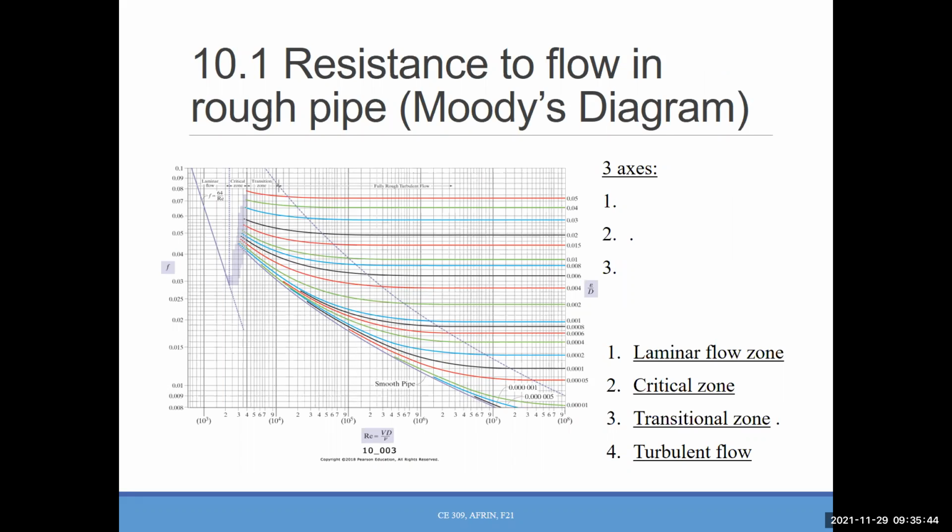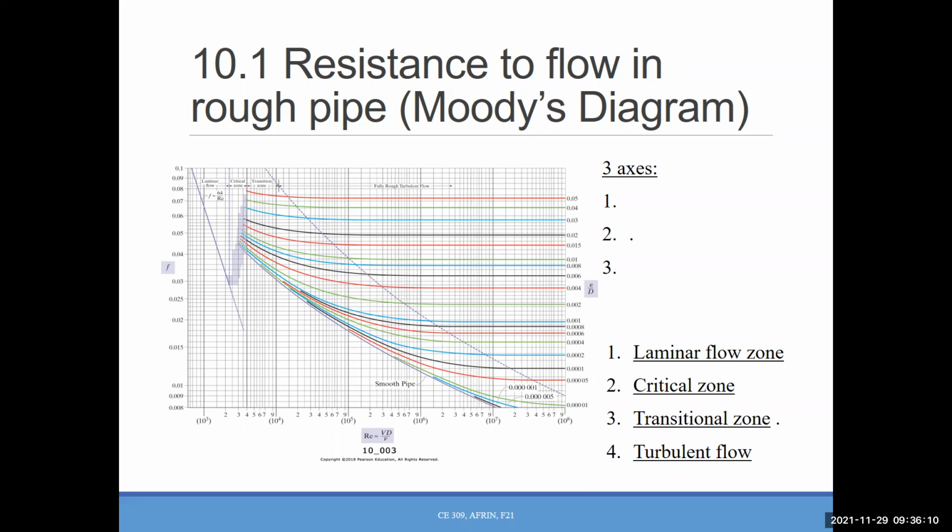There is a diagram called Moody's diagram. This diagram will help you get the friction factor, okay? And it's important to understand this diagram, because we will use it for the rest of the semester, like the next 5 classes, a lot, okay? So it's important to understand.